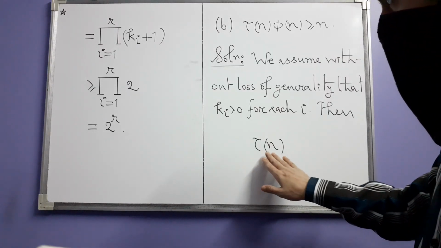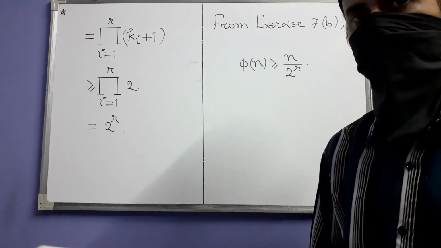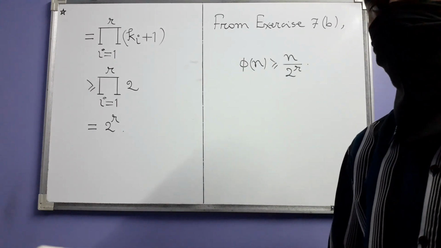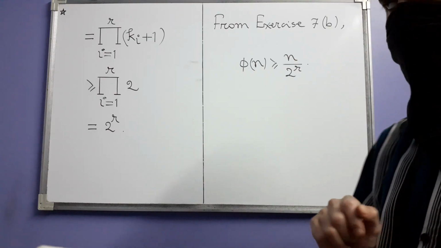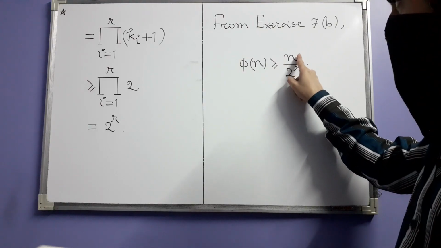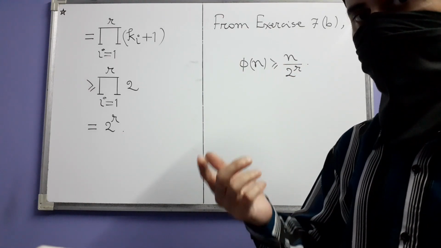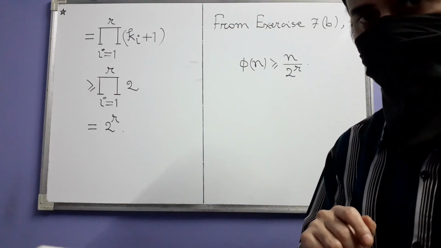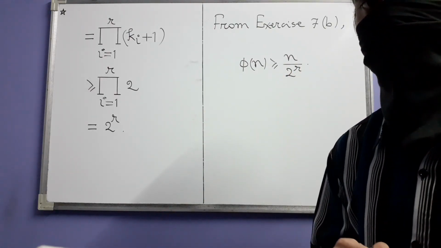So we find that tau of n is at least 2 to the power r. And now from exercise 7 part B of this section itself, you get this inequality: phi of n is greater than or equal to n divided by 2 to the power r. Just now you have established that tau of n is greater than or equal to 2 to the power r. So you multiply that inequality with this one, and that gives you your desired inequality.